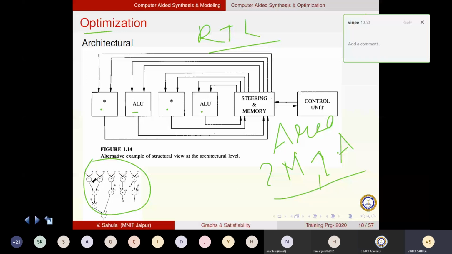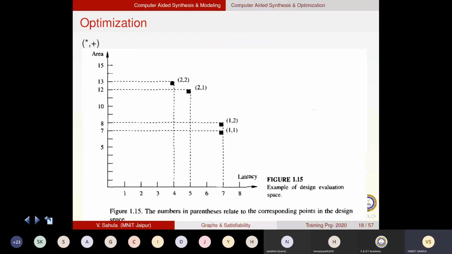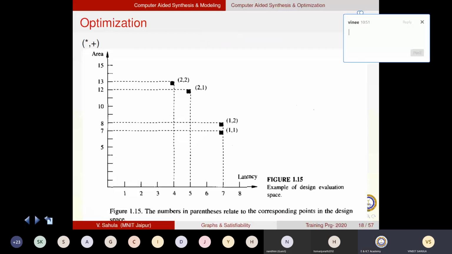Can we finish the computation in a lesser time? With one multiplier and one ALU, as you would have seen yesterday, it may take about 7 steps, so I can plot it now. One extreme is two multipliers and two ALUs, the other extreme is one multiplier and one ALU.